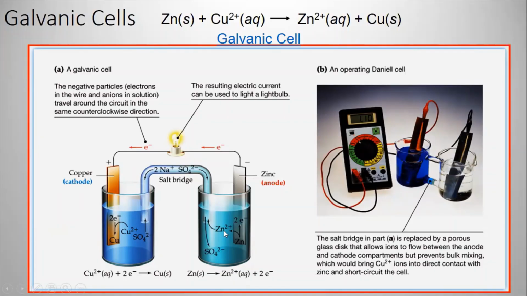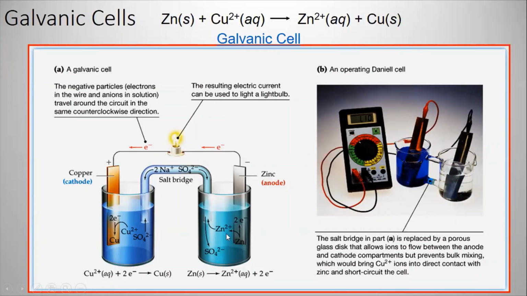Zinc is going to dissolve. So once you connect this, you're going to start the electrochemical cell, and the zinc is going to dissolve. Once the zinc dissolves, the electrons travel through the wires, as you can see here, to the other side, which is the cathode. And when they get there, the copper ions will take these electrons and convert to solid copper. So what's happening?